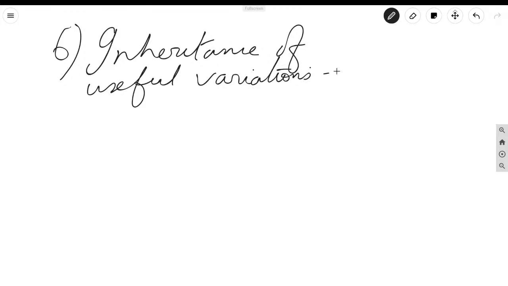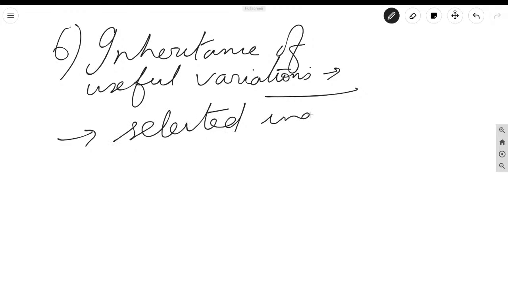Useful variations. Charles Robert Darwin believed that the individuals selected by nature, the fit ones carrying the superior genetic variants or variations, will be able to pass on their useful variation.